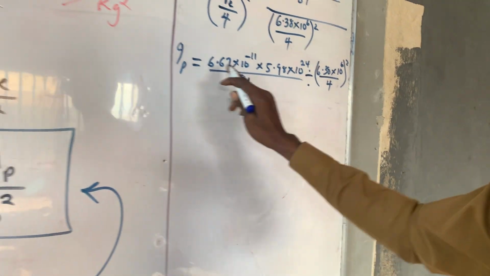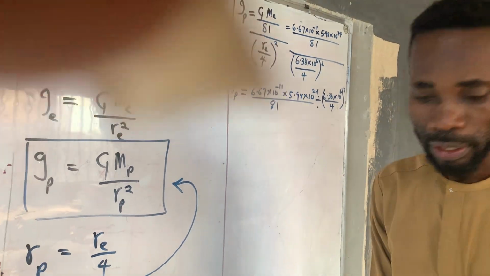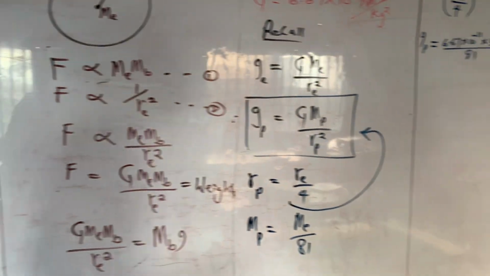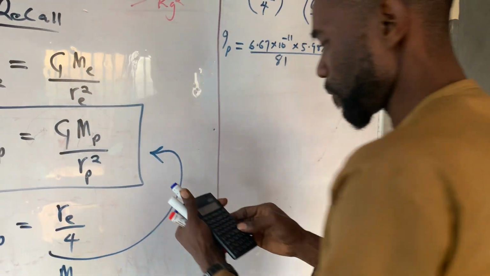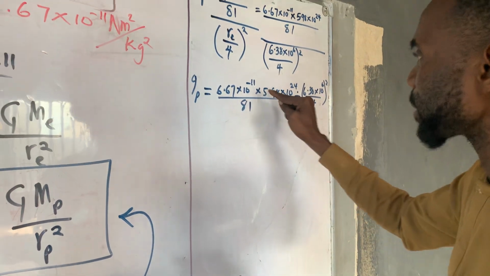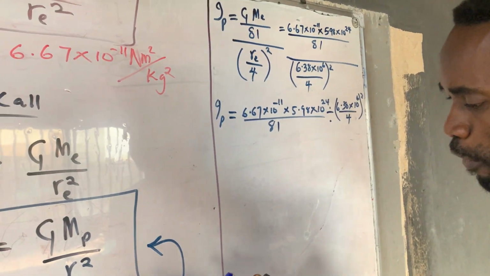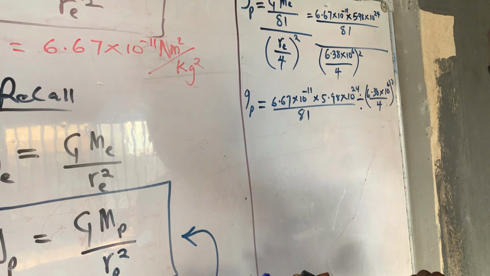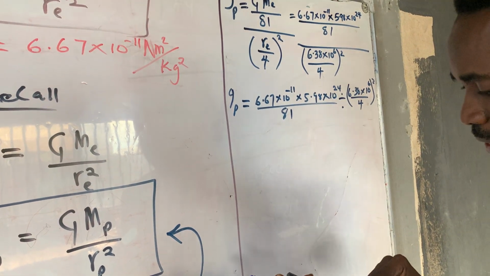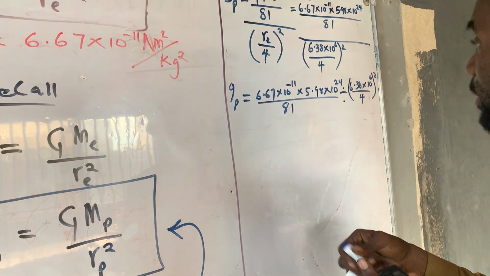Now here, let us work this out together at once. All right. So we have 6.67 times 5.98.